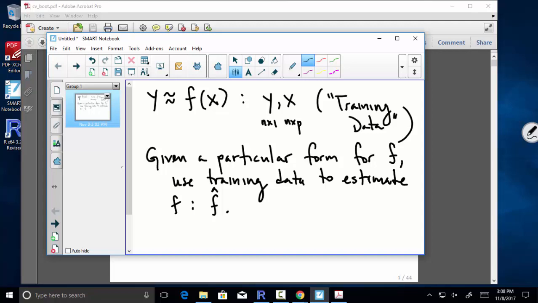We can then make predictions. A prediction would be y hat. That is our estimated prediction function evaluated at a particular set of covariates.